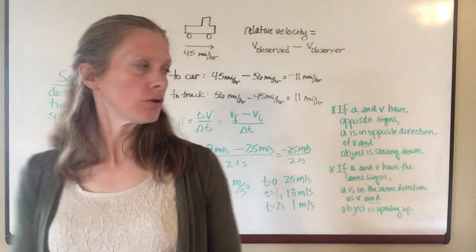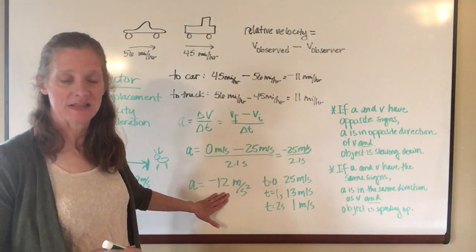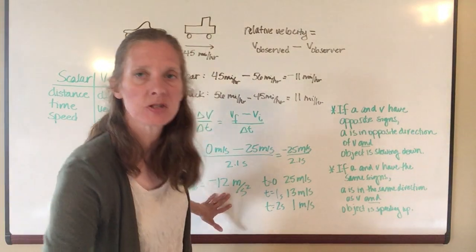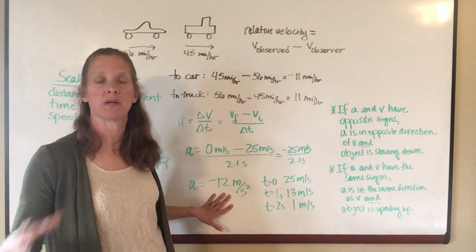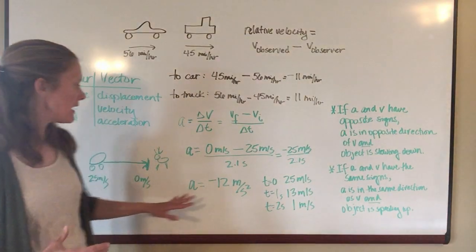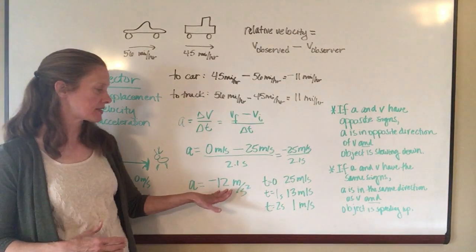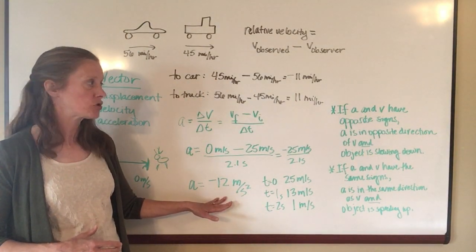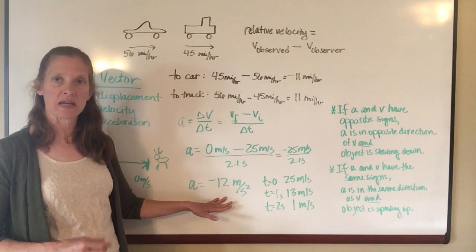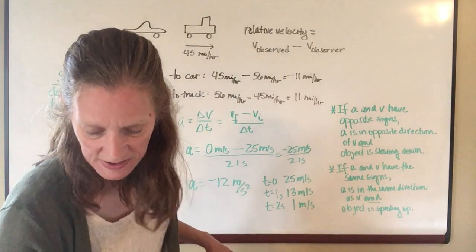So I want you to notice that this acceleration came up negative. And this is what I was talking about, where we view acceleration as always speeding up, but in physics it's not that way. If his velocity was a positive 25 meters per second and his acceleration was negative, what that means is that the object is slowing down, and it means that his acceleration is in the opposite direction of his velocity.